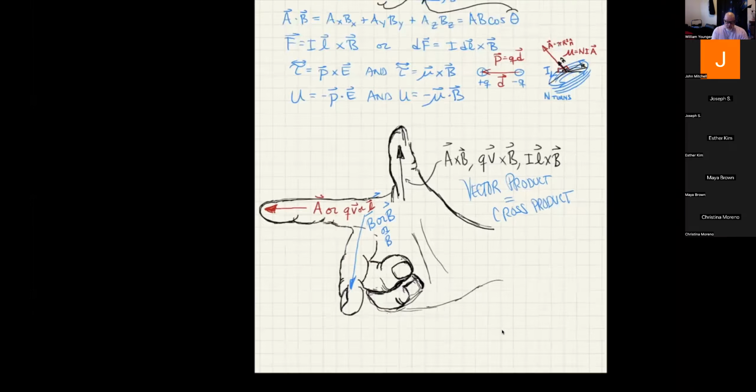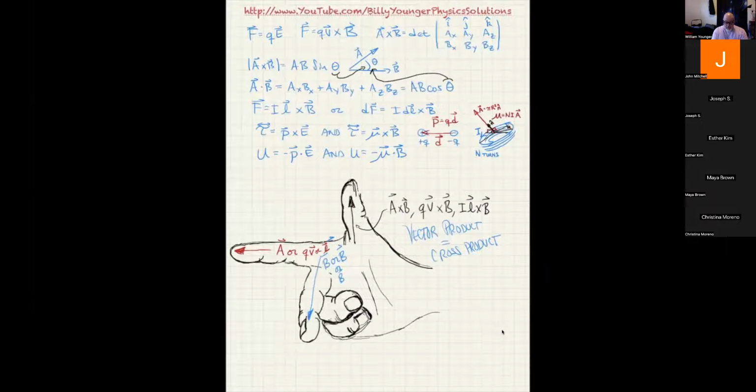Okay, so in these three cross products that you see right here, here, and here, the first vector is either A, which you see here, or QV, which you see here, or L, which you see here, and all of those correspond to the index finger of the right hand.